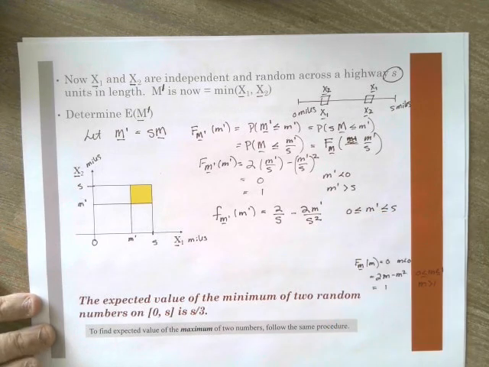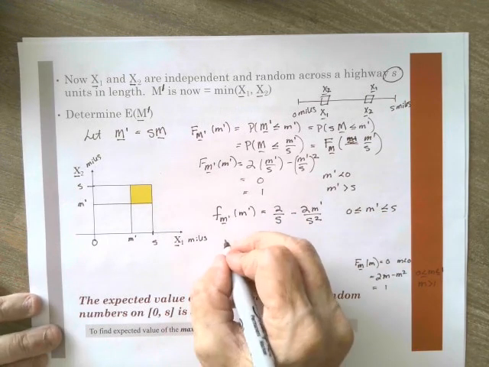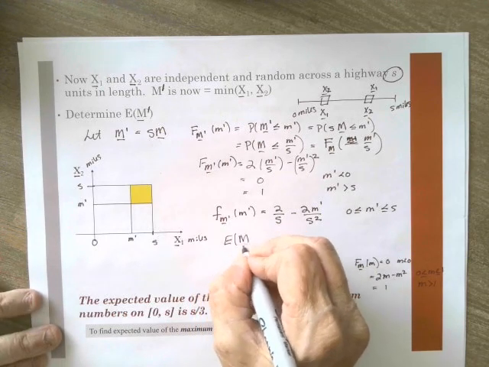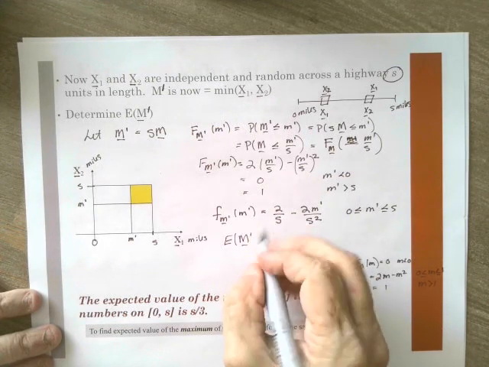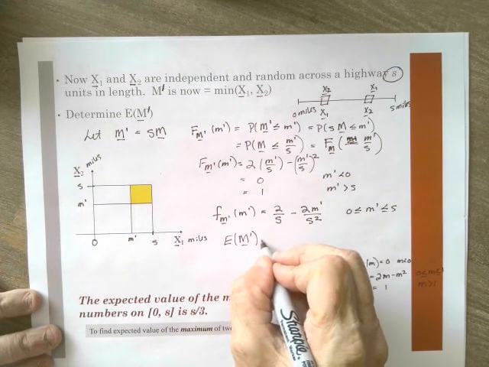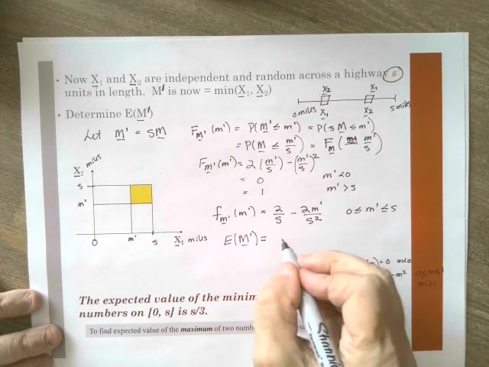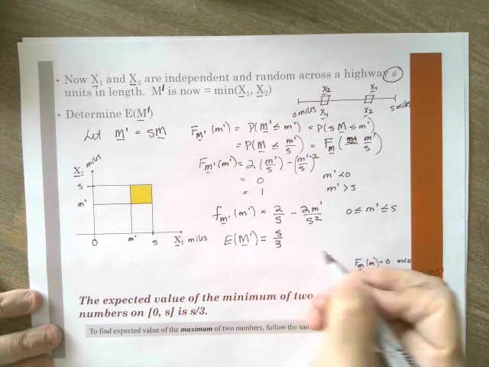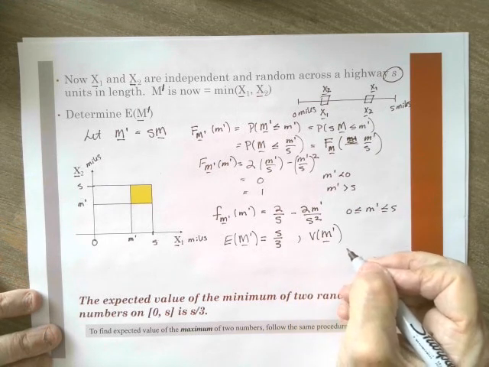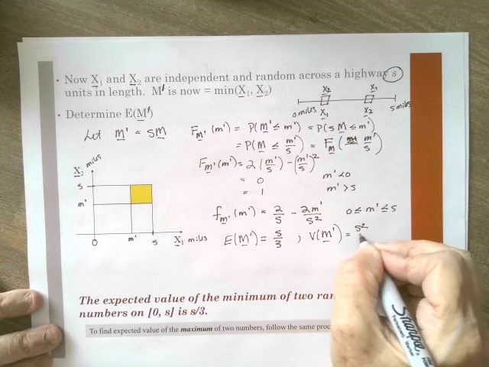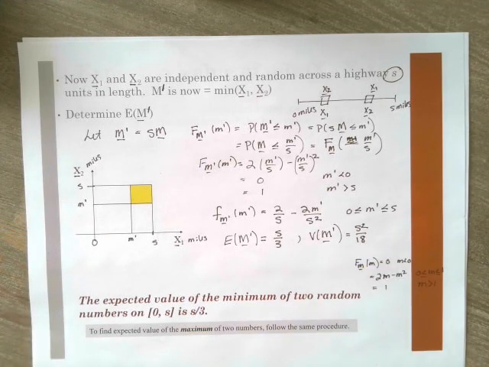Then I use this PDF to get the expected value of the minimum of the two, and that ends up being s over 3, pretty convenient. The variance of the minimum of the two works out to be s squared over 18. So a very similar result to when we looked at the expected value of the absolute distance between 2 points.